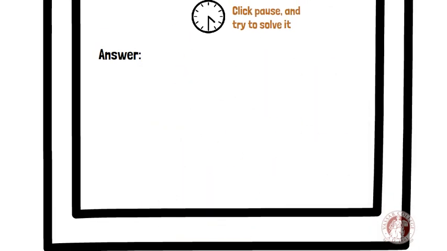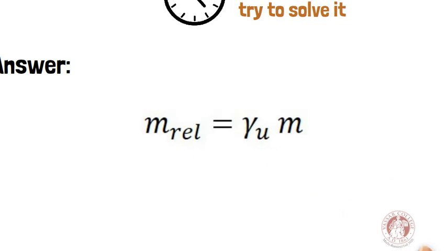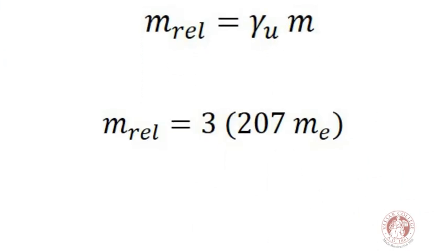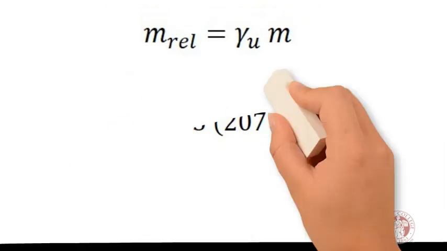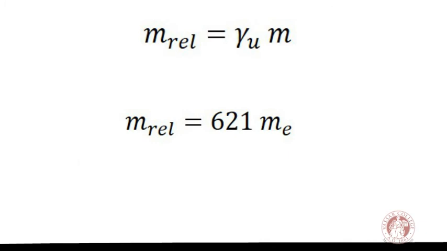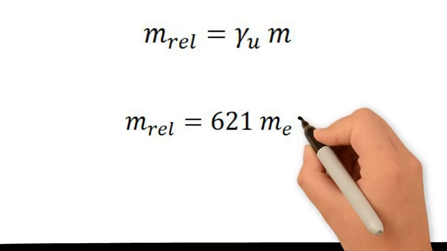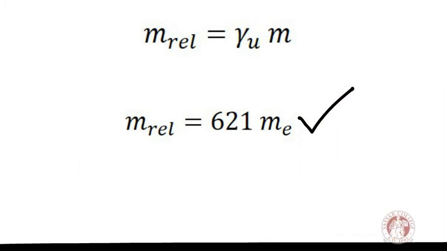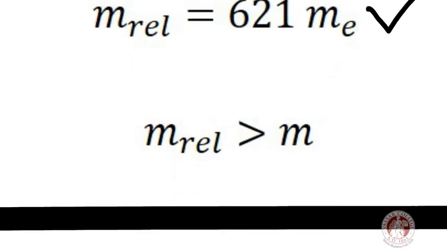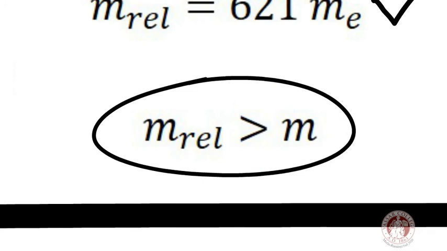Inserting the value of the relativistic factor and the rest mass into the previous equation, we get the following. Finally, for simplicity, we express the relativistic mass in terms of the electron mass. Note how the relativistic mass is bigger than the rest mass. This is an interesting result as it says that the inertia of the particle increases when moving at high speed.